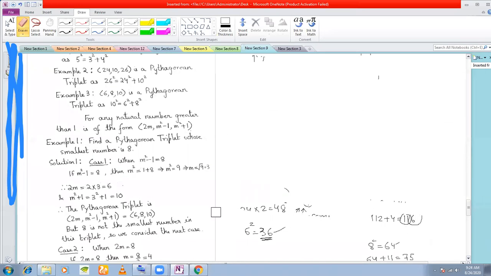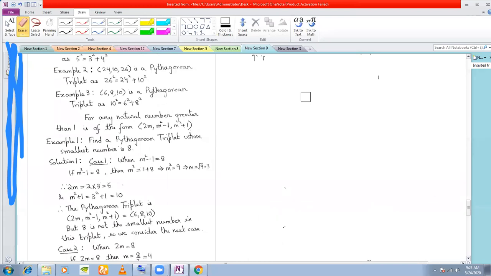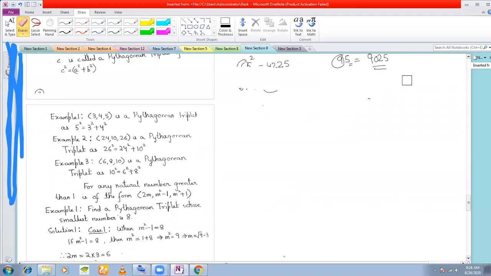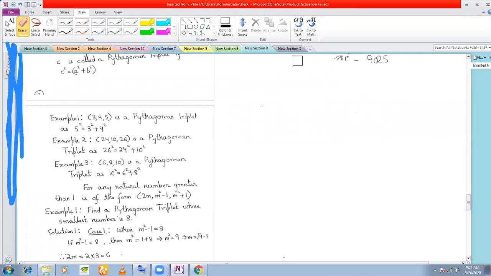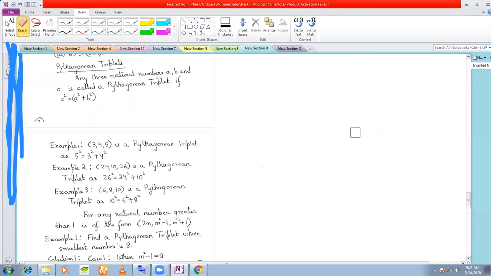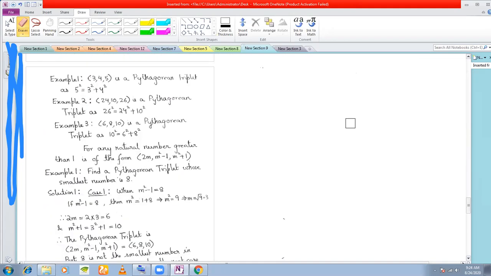Okay, so next concept is that of a Pythagorean triplet, a very important concept. Now, what do you mean by a triplet, first of all? Any numbers written in threes is called a triplet. For example, if I write 1, 4, and 7, this is a triplet because there are 3 numbers written together.